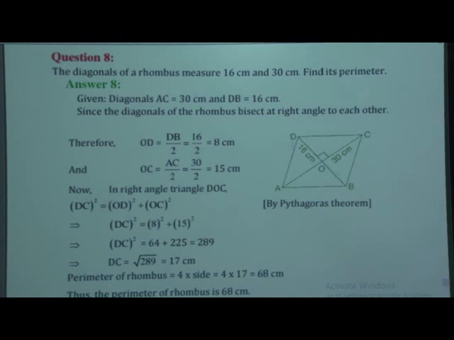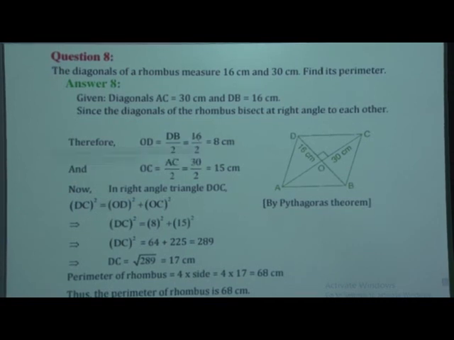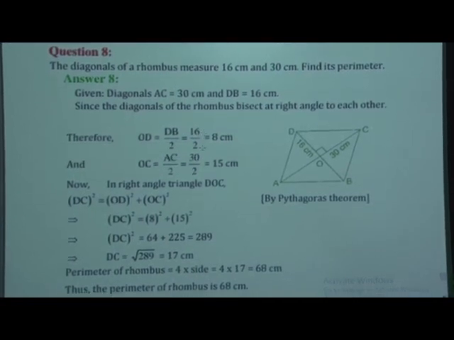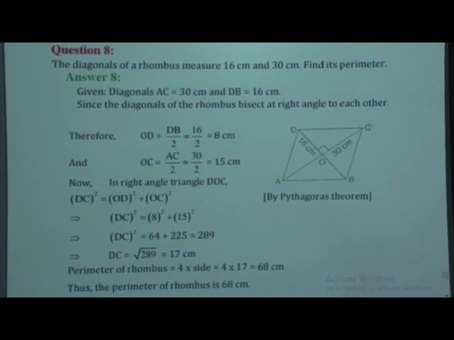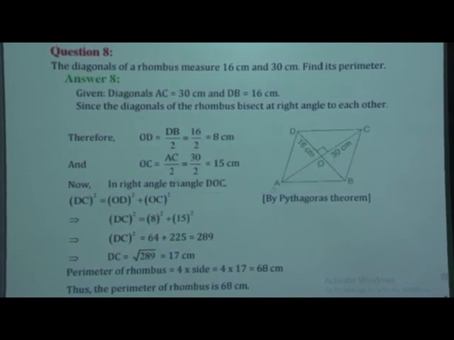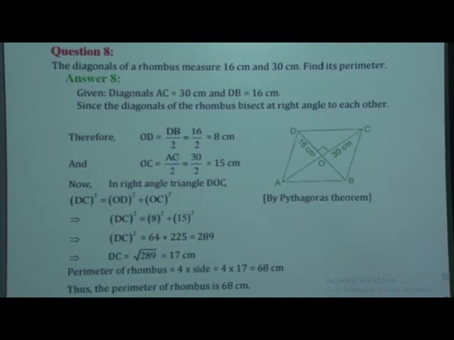DB is given as 16, so 16 divided by 2 is 8 centimeter. Similarly, OC is equal to half of AC, so AC upon 2, which is 30 upon 2, is equal to 15 centimeter.